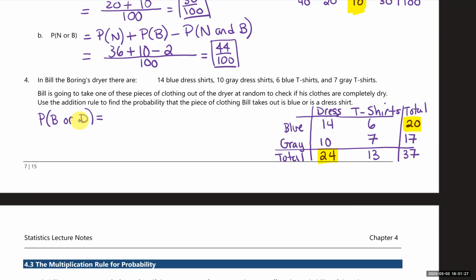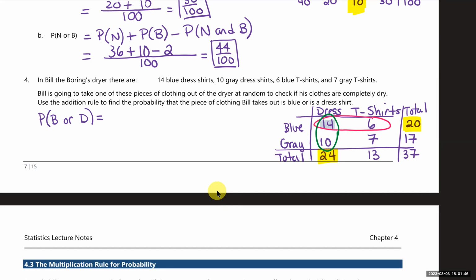And that would be those 14 shirts that are blue, and they're also dress shirts. And if it helps to sort of circle here, those are the blue, those are the dress shirts. So I can see that 14 shirts were a part of both groups.